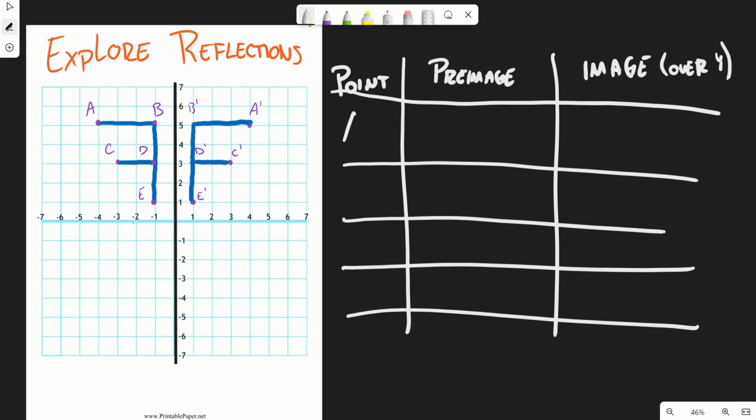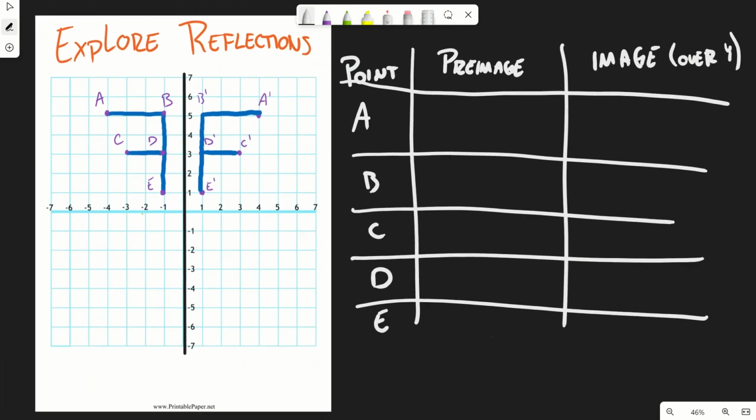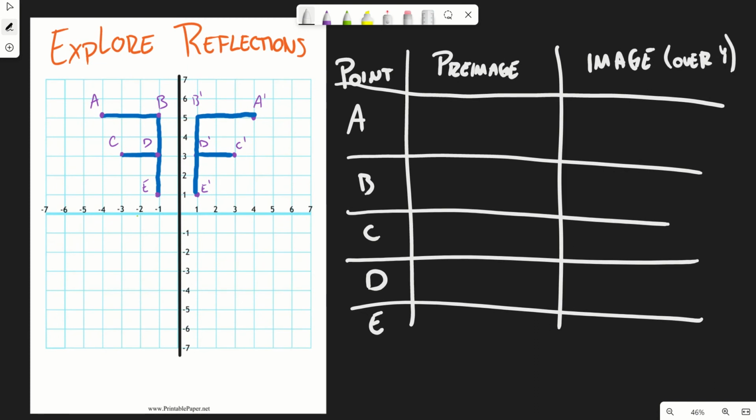And I'm going to have point A, B, C, D, and E. Okay, these are the points that I have. My pre-image, point A is at -4, 5. Point B is at -1, 5.